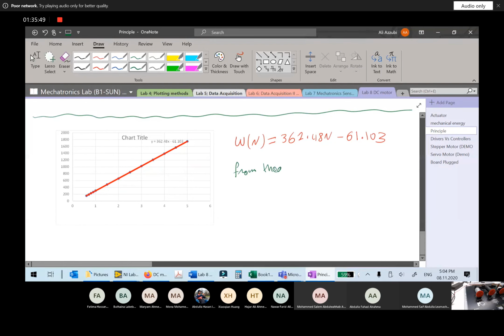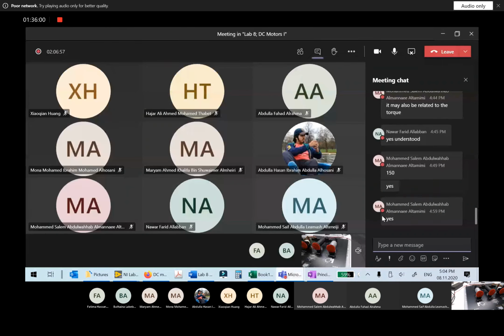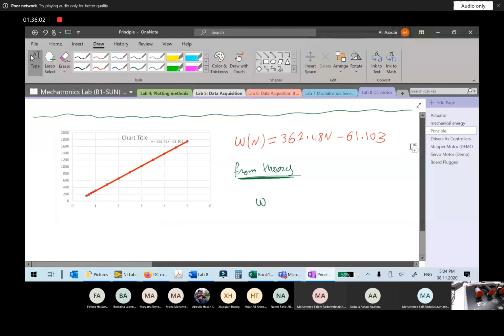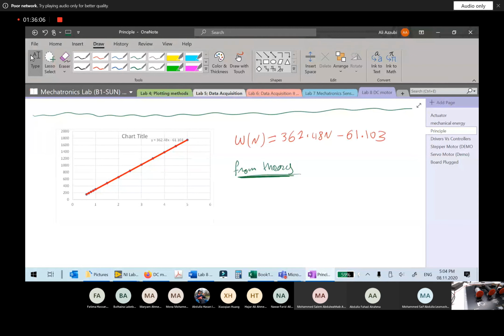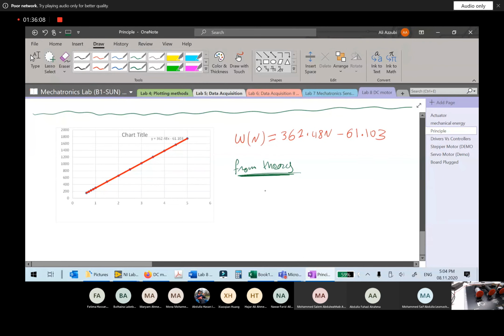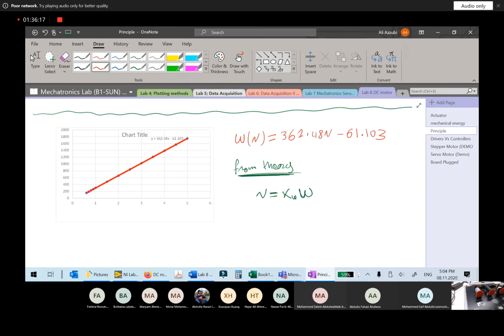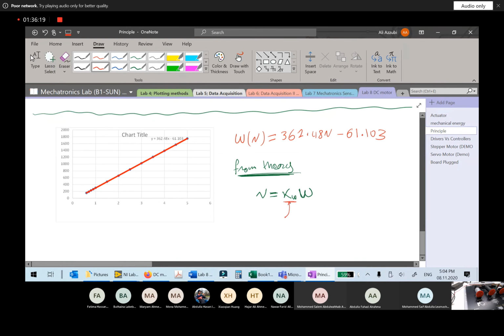Okay, sure. Now I know the following from theory. This is the interesting fact that I wanted to tell you: the voltage and omega are related through this equation. Voltage equals what we call K omega times omega, like this. We call this the motor constant.